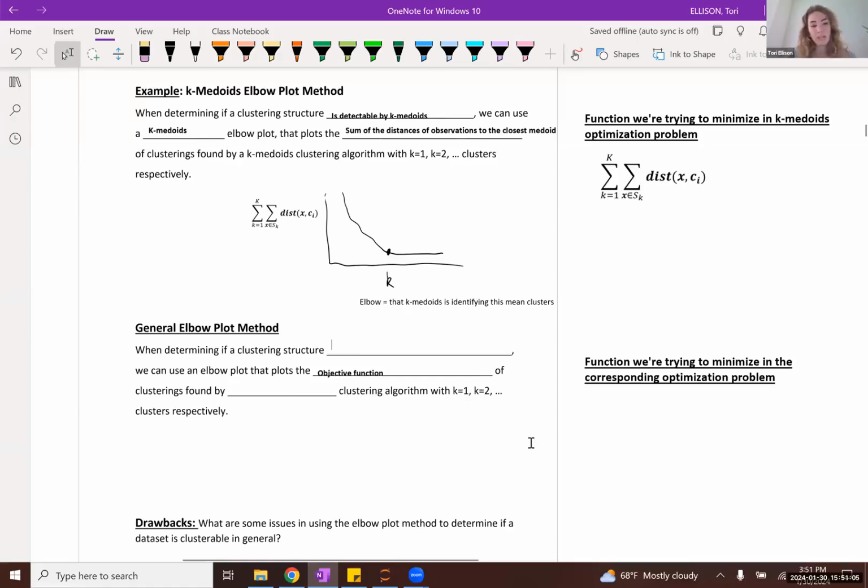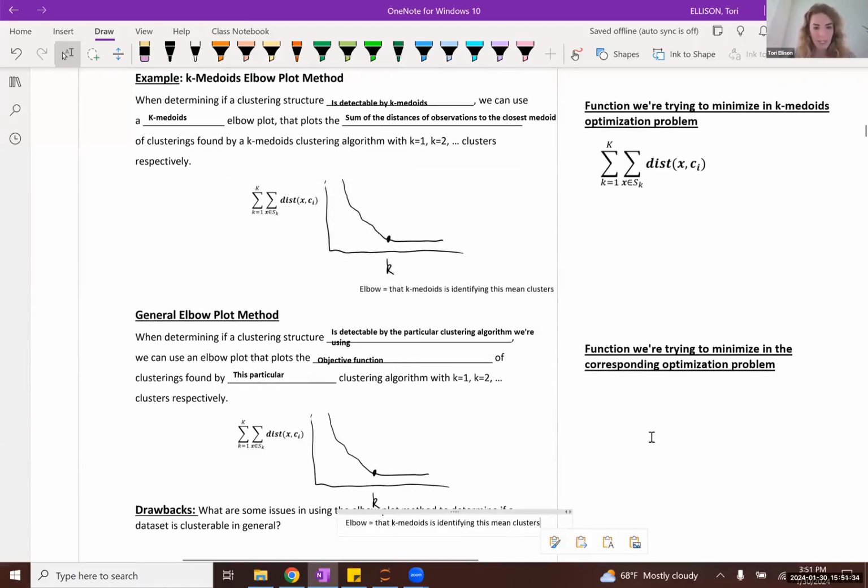So when determining if a clustering structure is detectable by the particular clustering algorithm we're using, we can use an elbow plot that plots the objective function of the clusterings found by this algorithm. And we can interpret it in a very similar way.